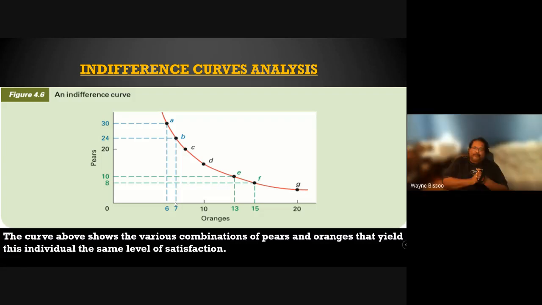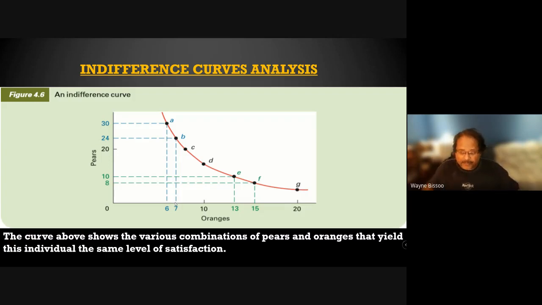Look at the gap from G to F. At G I had 20 oranges, all right? And I probably only had about maybe 6 pairs. But I'm willing to give up from 20 to 15 oranges to get a small increase in the amount of pairs. Why?